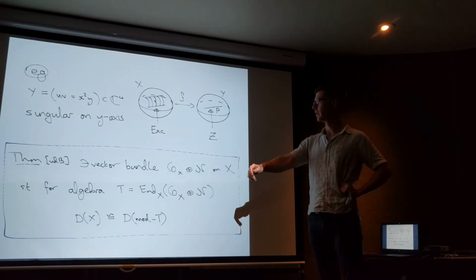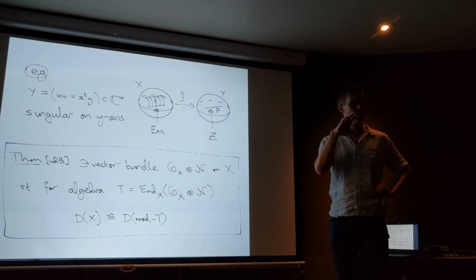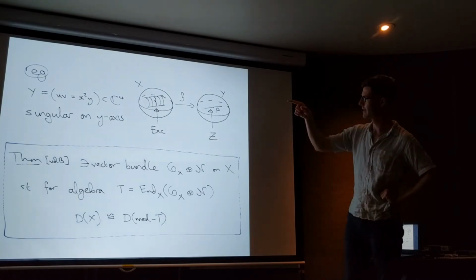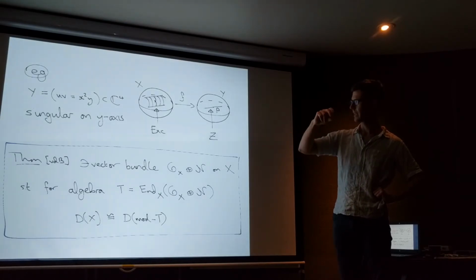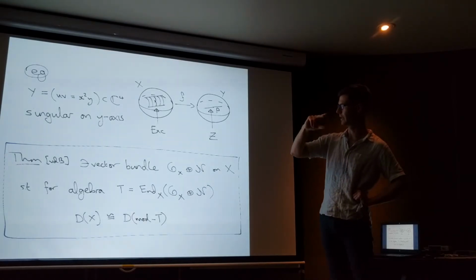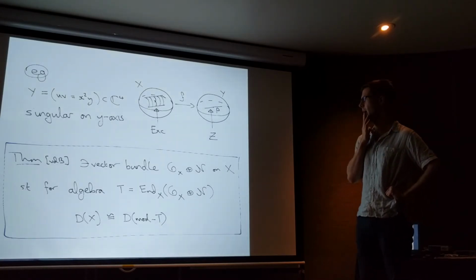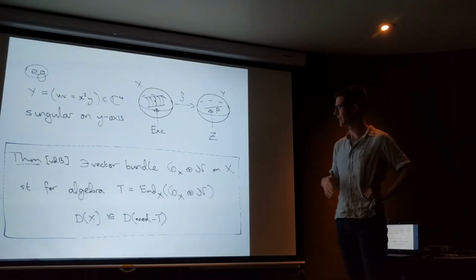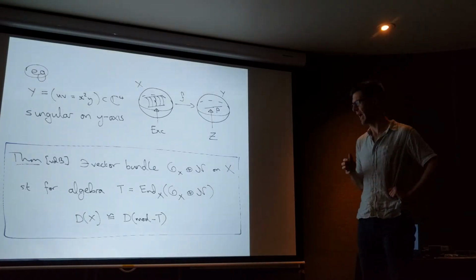So that's singular along the y-axis, A1 singularities and A2 at the origin, and the resolution I've sketched as one projective line resolving the A1 singularities and two resolving the A2. So that's the exceptional locus. And I'll give the result of this computation for this example at the end.